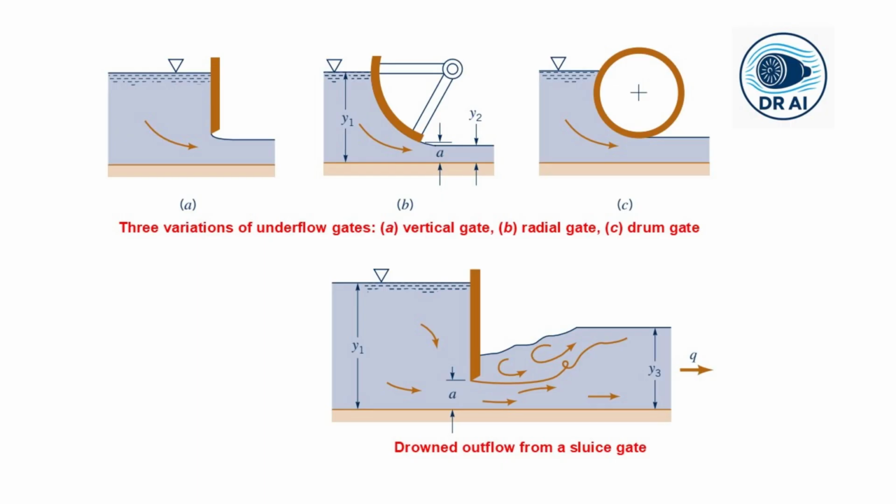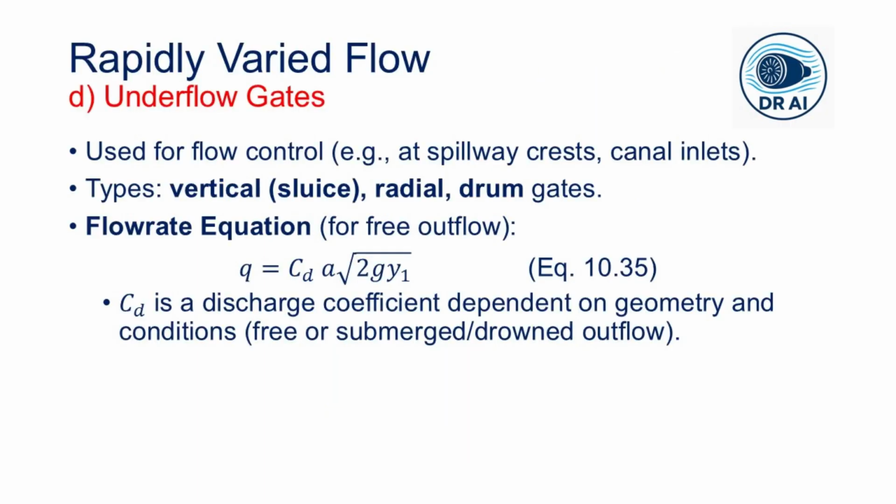So for free outflow, the flow rate per unit width is given by small q equals C_D multiplied by A multiplied by the square root of g Y1, where A is the gate opening, Y1 is the upstream depth, and C_D is the discharge coefficient.